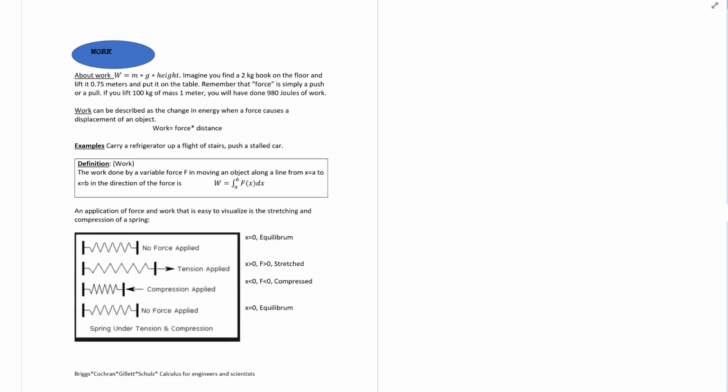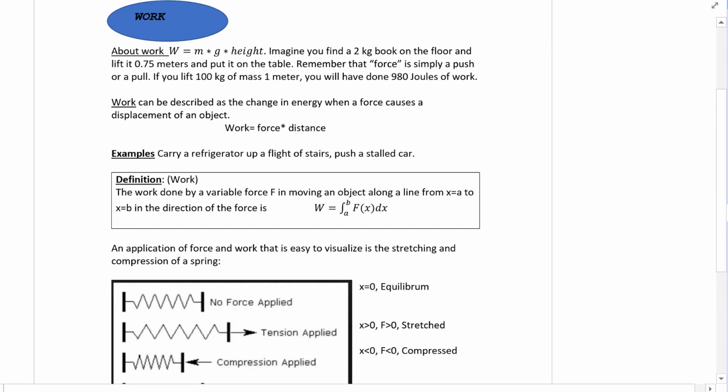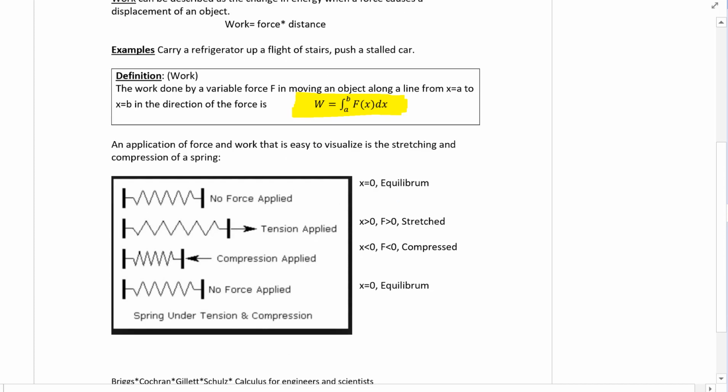Let's take a look at another concept, the work. The work is actually force times distance, but if we have a variable force, the work is given by the integral from a to b of f of x dx. Let's take a quick look at this graph.